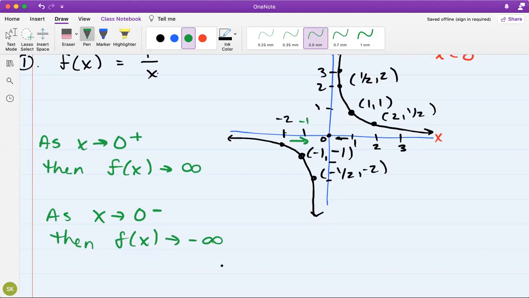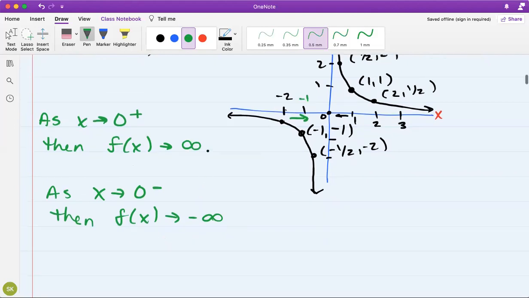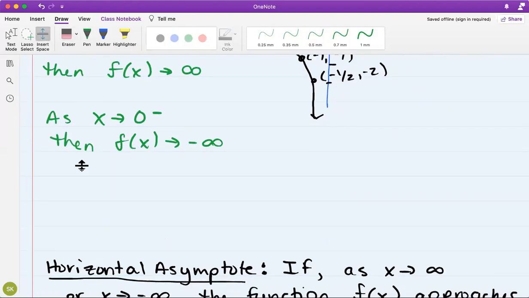Okay, when that happens, we have something called a vertical asymptote. Let's give the definition right here.